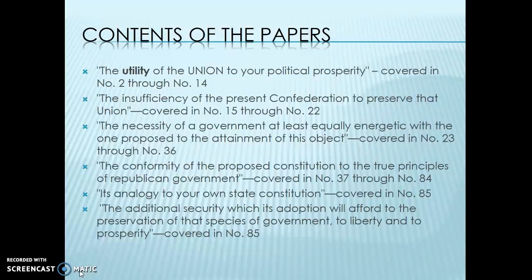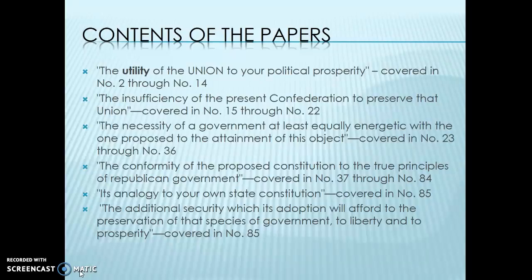Federalist Paper number 85 basically argues that the Constitution is an analogy. It's something that should fit with state constitutions and should be similar to state constitutions, not go against them. It's not meant to delegitimize state constitutions. Our Constitution is meant to enhance state constitutions.